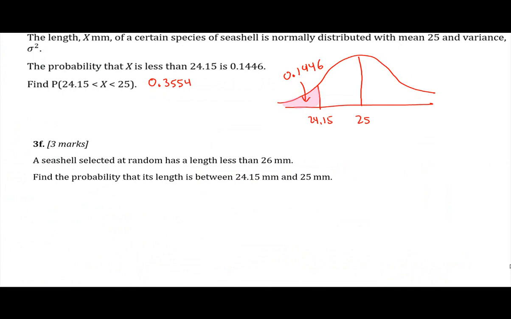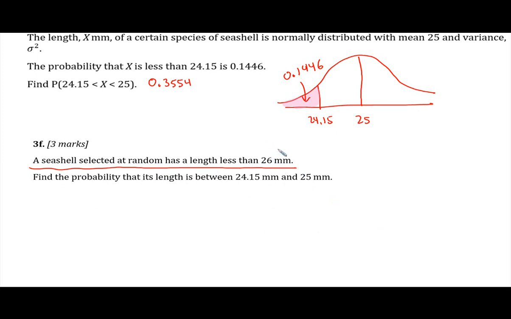Okay, let's take a look at the last part of this question. It says, a seashell selected at random has a length less than 26. Find the probability that its length is between 24.15 and 25. This is a really tricky problem, because when you read this, you have to recognize that this is a conditional probability question, because of this statement right here, which is our condition. This must happen.